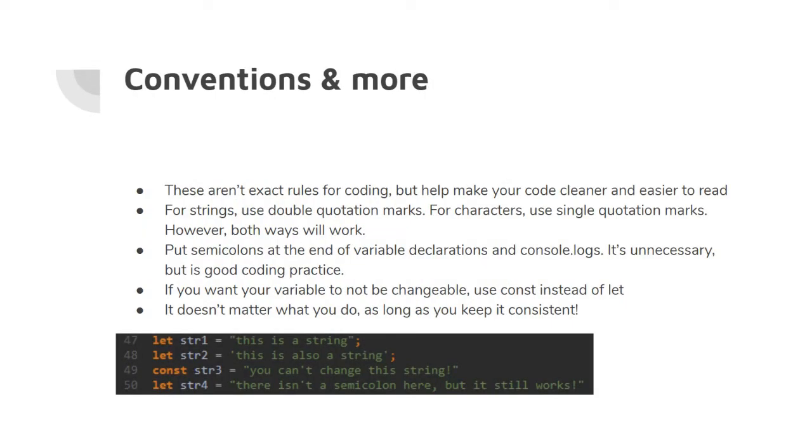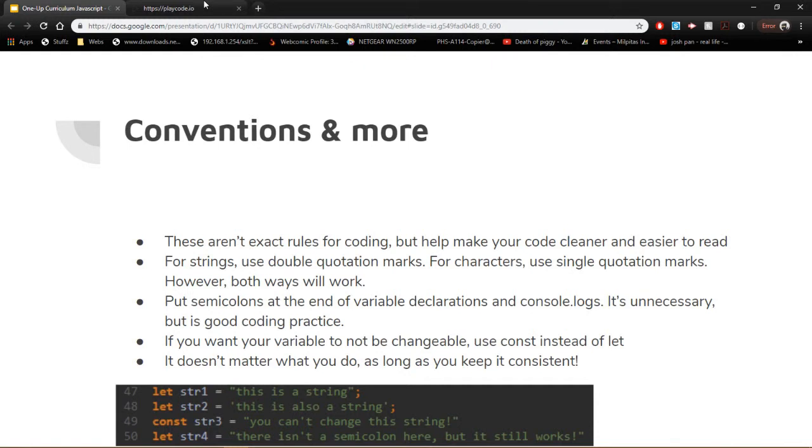One of the things you have to worry about as a coder is making your code consistent, concise, and clear. There aren't exactly rules on how you can do this, but there are several conventions you can follow. Now, rather than reading out a bunch of text, let me show you.